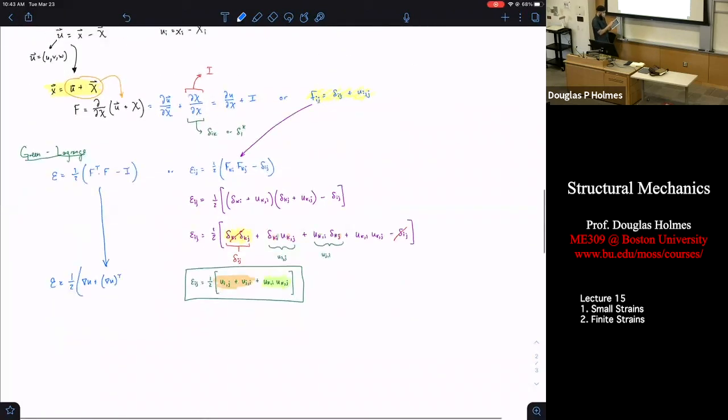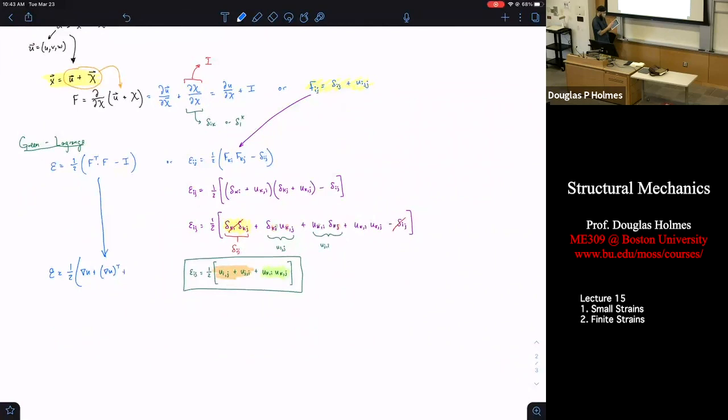It's got to have a u appearing twice. And what you might recall from linear algebra is that if you're going to be multiplying these two things, one's a row, one's a column vector, they need to give you a tensor. So you're going to end up with something that's like grad u transpose grad u.